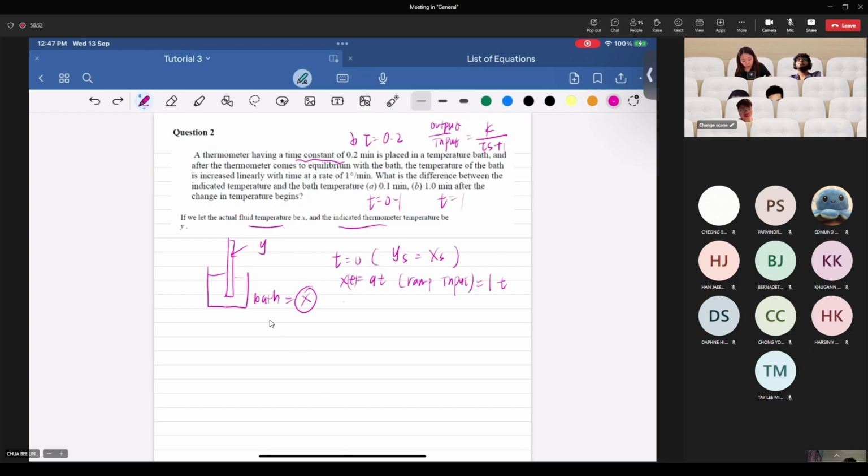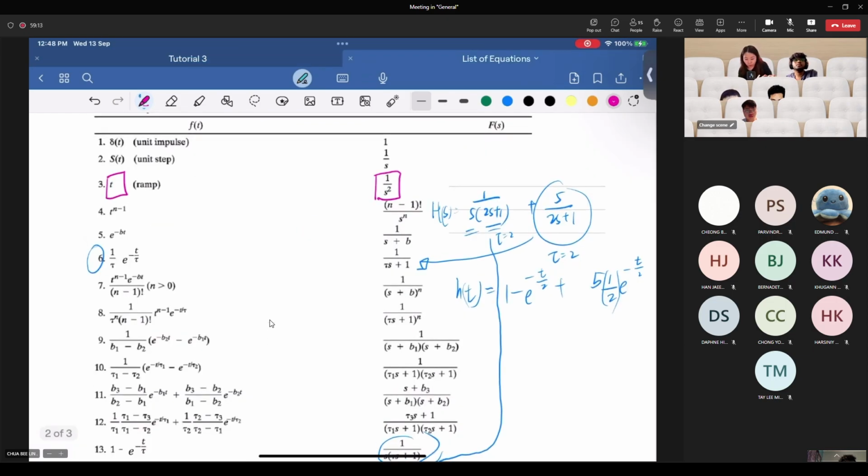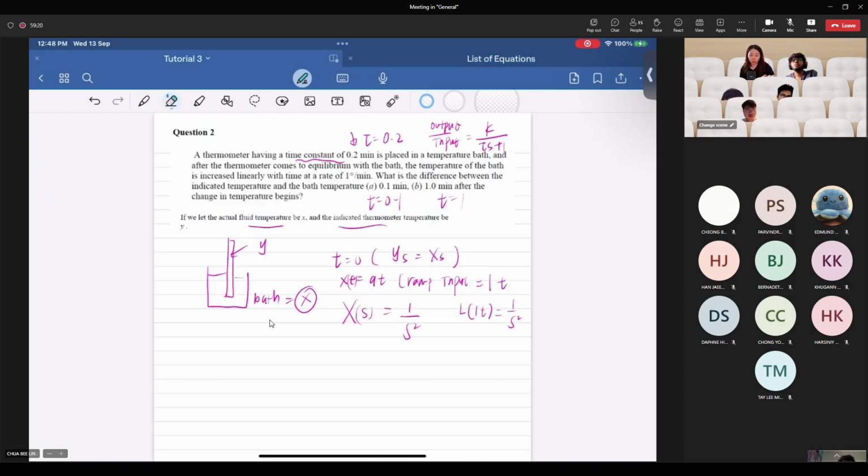If you change this to a function of s, then it will be 1 over s squared, which means the Laplace of 1t will give you 1 over s squared according to the list of equations here. So t, you will get 1 over s squared. This is term number 3, so 1 over s squared.